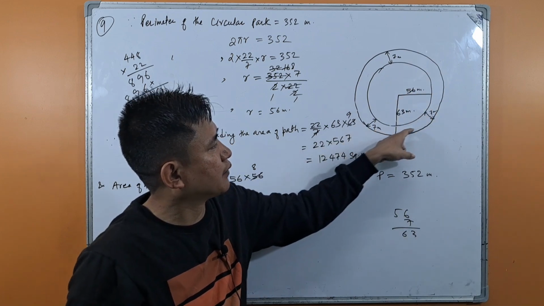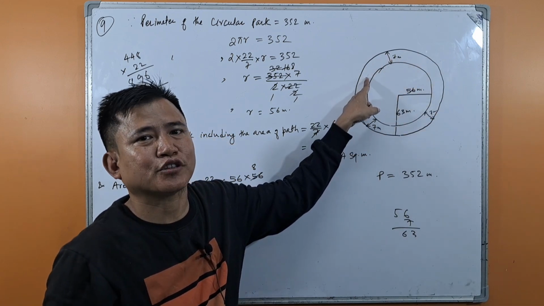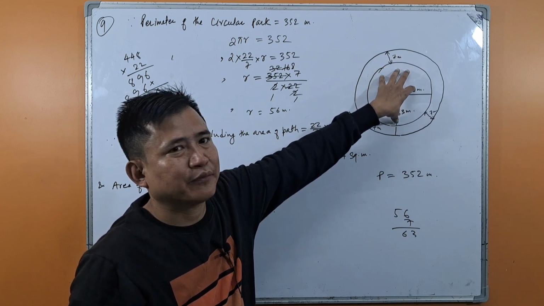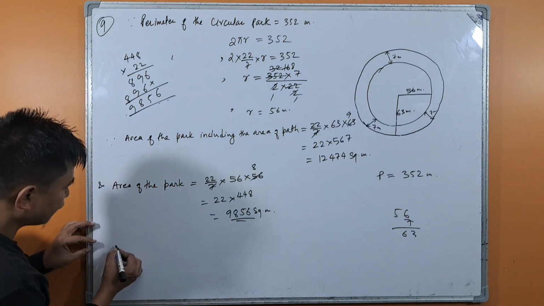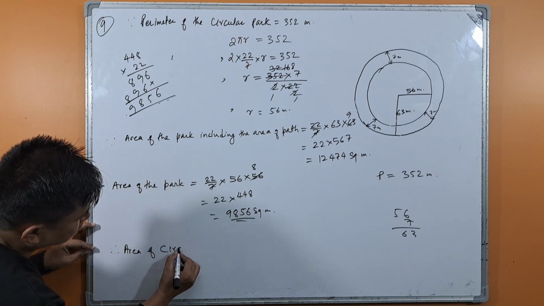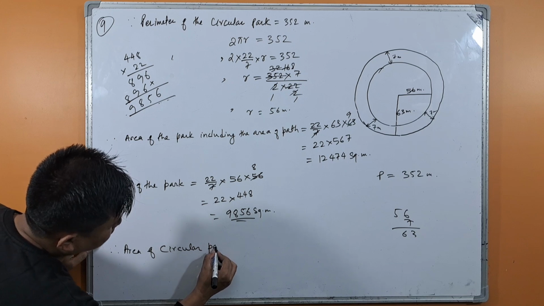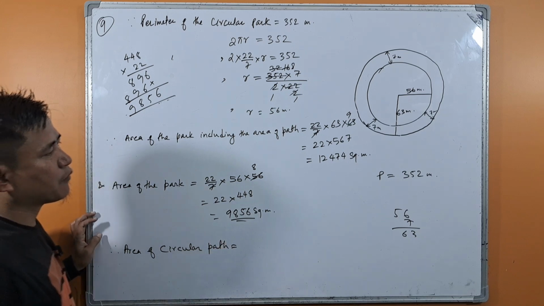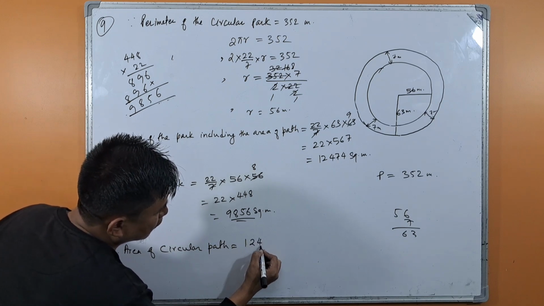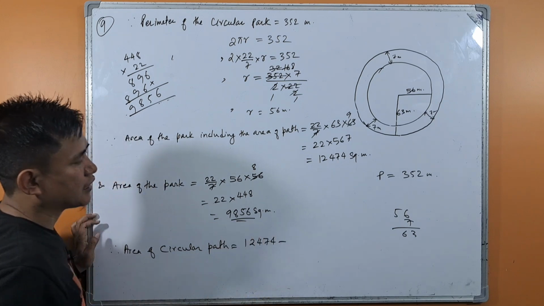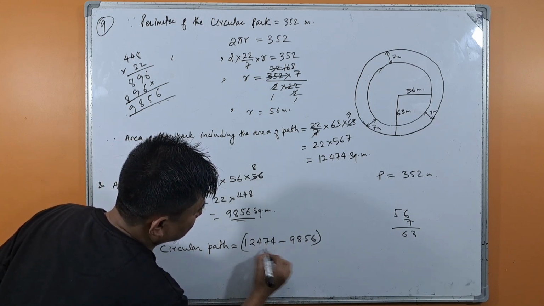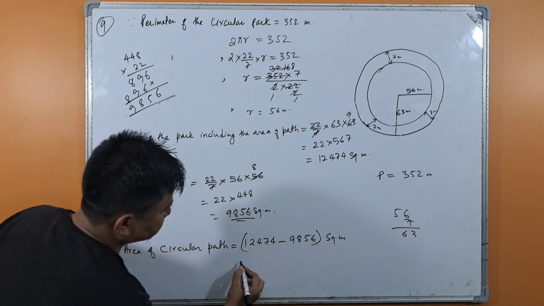So what will be the area of the circular path? Area of the circular path will be the area of the outer circle minus the area of the inner circle, isn't it? Therefore, area of circular path equals area of outer circle, that is 12474, minus area of inner circle, that is 9856 square meters.